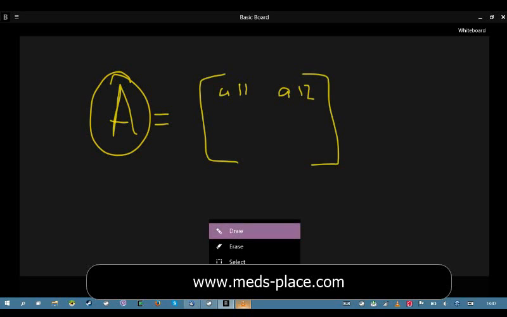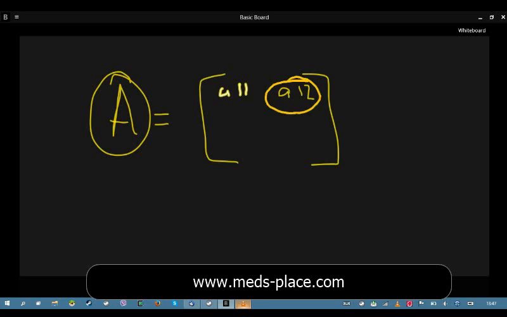This is the small version of the letter, and then we've used 1 and 1, so that's the row and the column. And then here we have a1,2, so row 1, column 2.